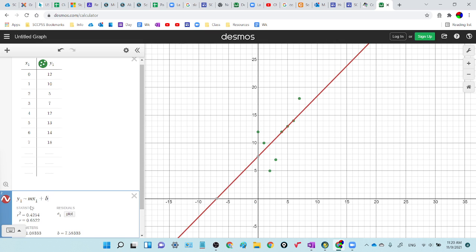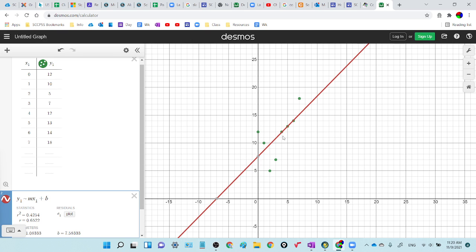So I type Y1 approximately equal to M X1 plus B because the table values are X1 column and Y1 column, and I must use the tilde, not the equal sign. That's why I had some error on it, okay? So we are just typing this and I get the line.